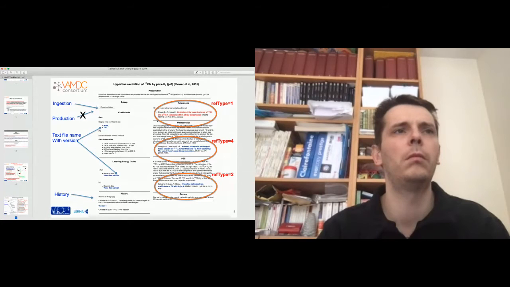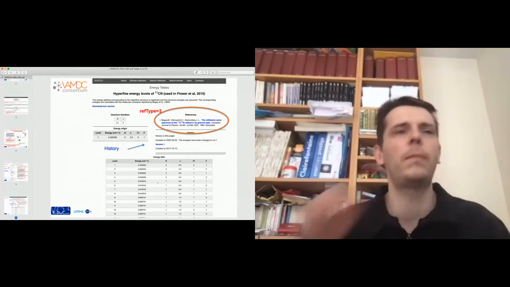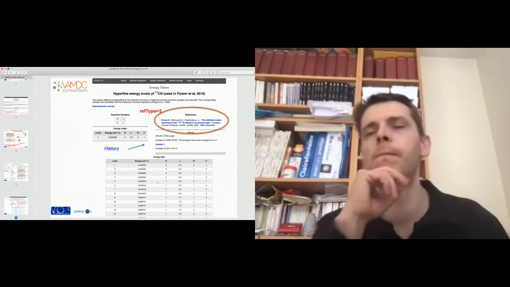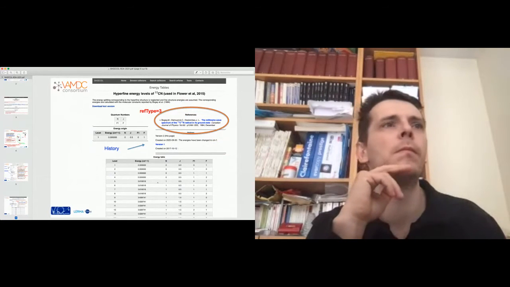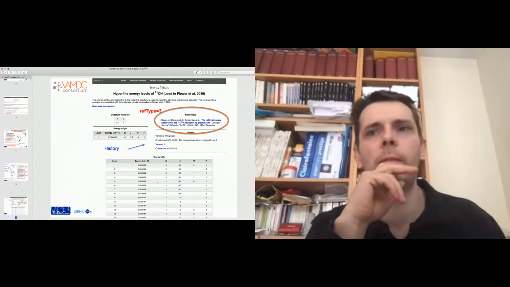He has a main reference here in red. You see that for the methodology, it has some references. For step 1 of the calculation, it has references. Next, Carlo. And for the spectra, it has other kinds of references. And so the user going to the database can make the choice he wants.